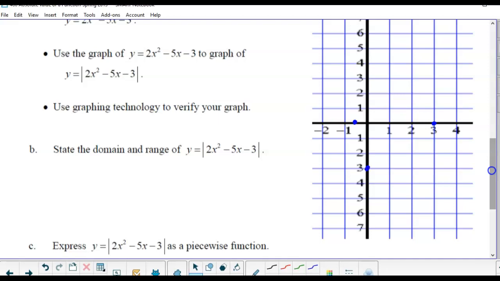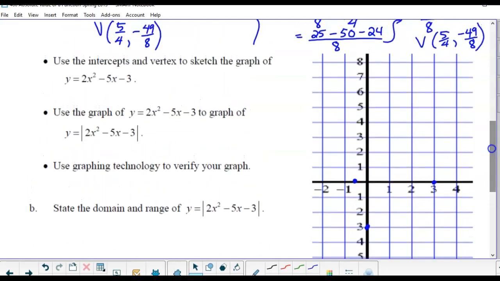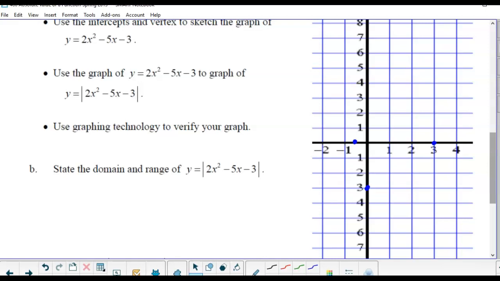Okay. Then our vertex is 5/4, so that's 1 1/4, and -49/8, so that's -6 1/8. So about there. Okay, and then so that's your axis of symmetry, right?